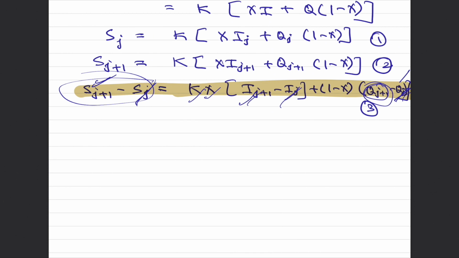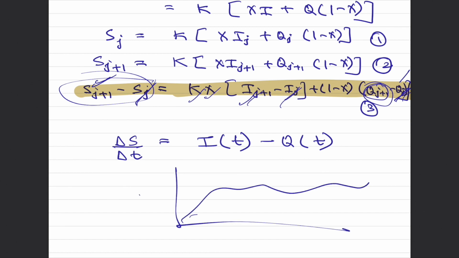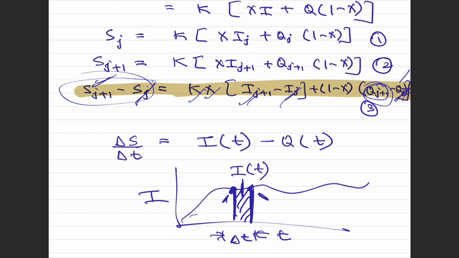Now, if you notice, so far in the derivation we have not talked about any continuity equation. So we can always bring that equation whenever we are missing some equation for which we need to solve. We can say that delta S upon delta T is It minus Qt. Now, if we look at the variation of I with respect to time, and now we are discretizing this differential equation, if we are interested to know the best guess of It, we can say that if we are varying this It in interval of delta T, the best estimate would be some average value of these bins.